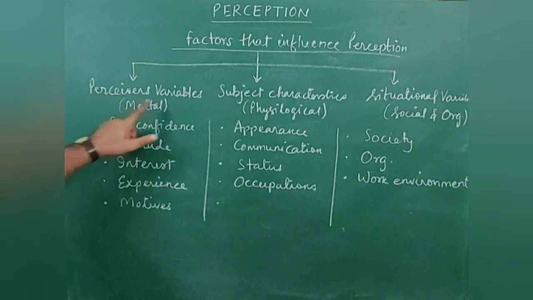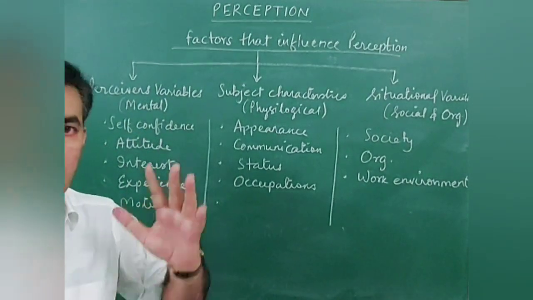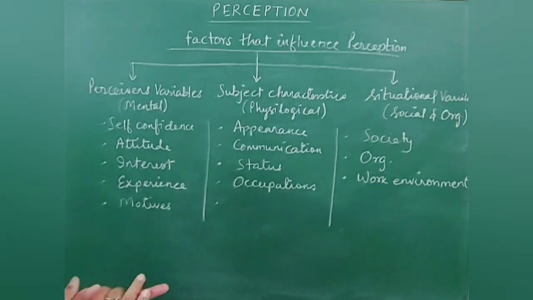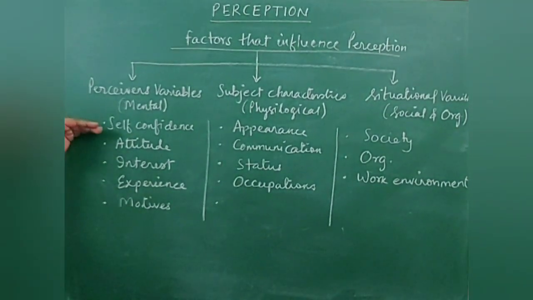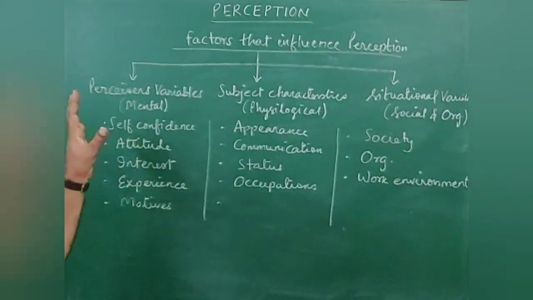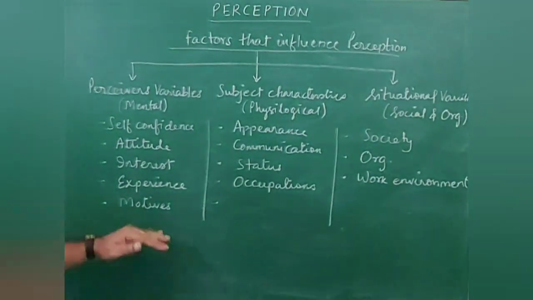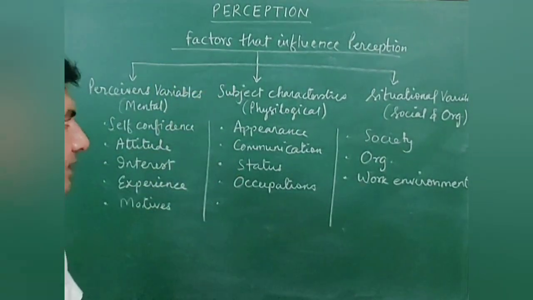This factor is particularly concerned with the perceiver's mental condition, right? What are those? Like self-confidence, attitude, interest, experience, motives. So all these things will comprise the perceiver's personal variables. They can affect the perception of an individual.